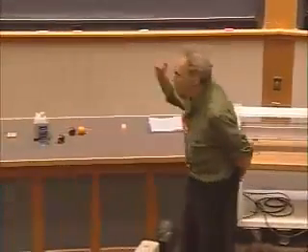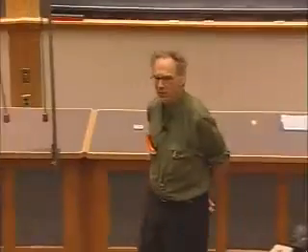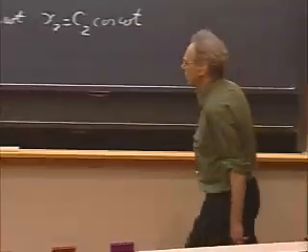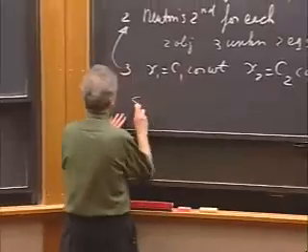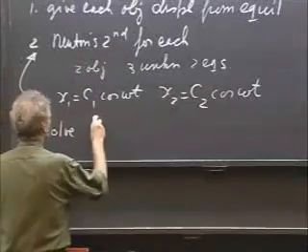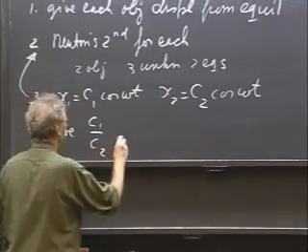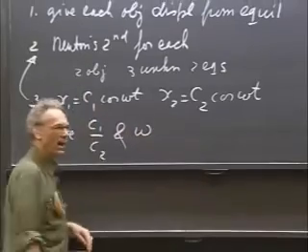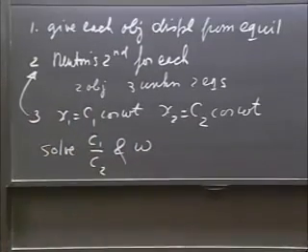But the ratio is independent of the initial conditions. So that means the ratio C1 over C2 cannot be dependent on the initial conditions. In other words, you can always solve these equations in terms of C1 divided by C2 and omega. And I will show you that that works.